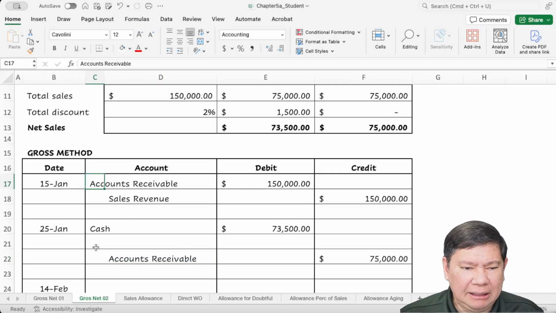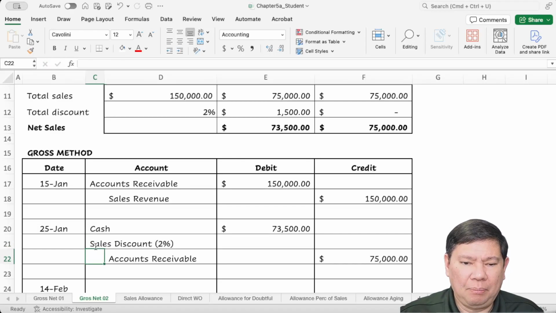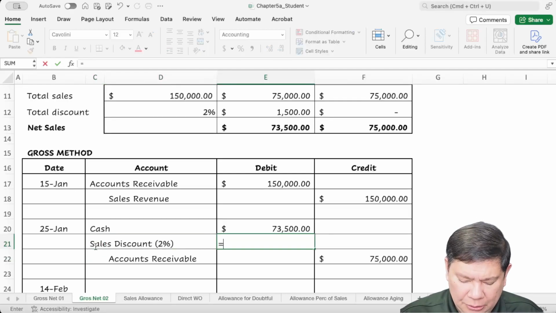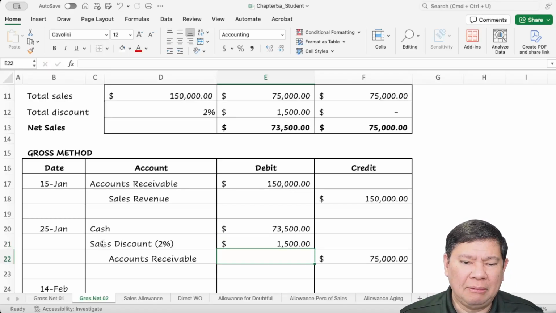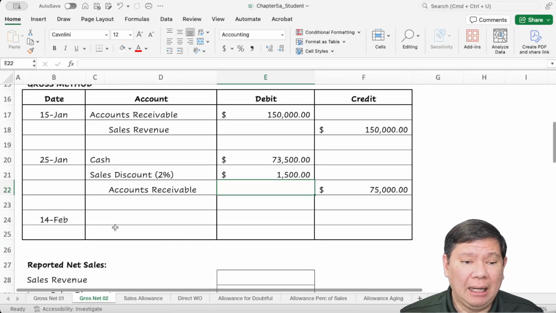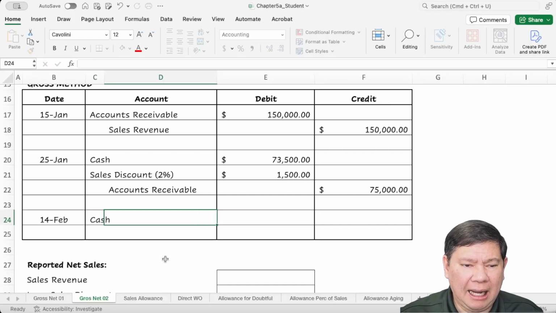The difference is going to be the sales discount, which is the 2% discount. So 2% times $75,000 is $1,500.